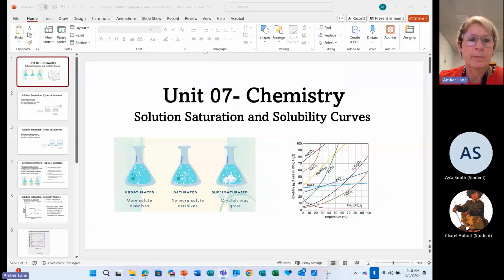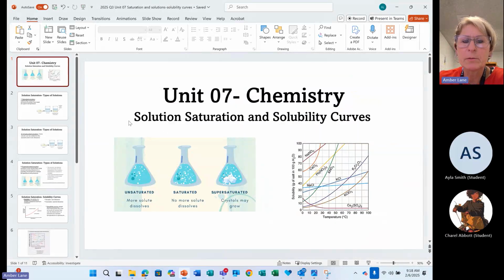Okay, let me share my screen here. There we go. I just want to talk a little bit about different types of solutions, and then do some practice on reading solubility charts or solubility curves.